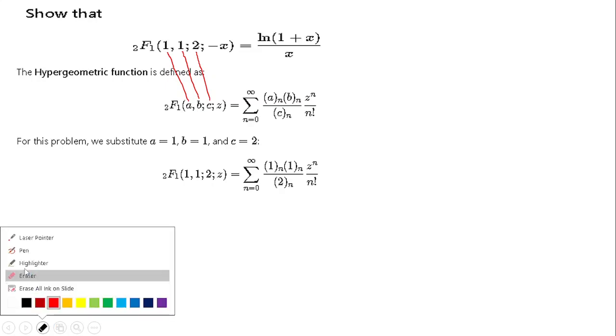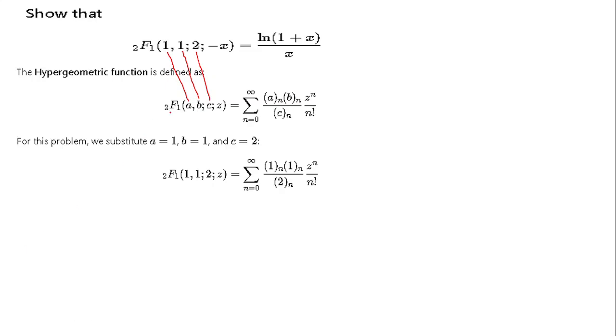If you can see, what is our A? Our A is 1. Our B is 1, our C is 2, while our Z is minus x. So in that case you can go ahead and put everything here. Our A is 1, our B is 1, our C is 2.